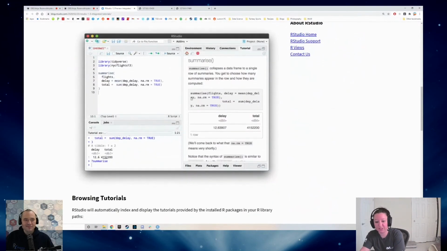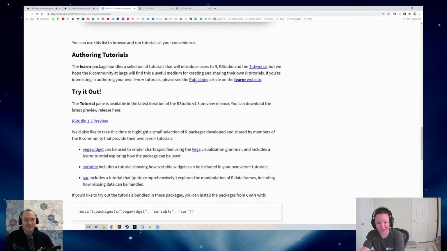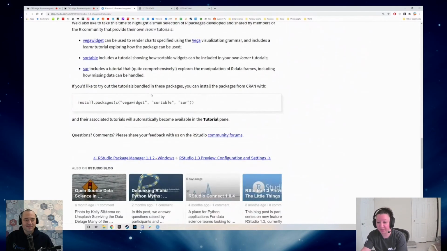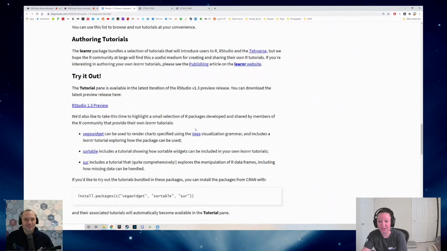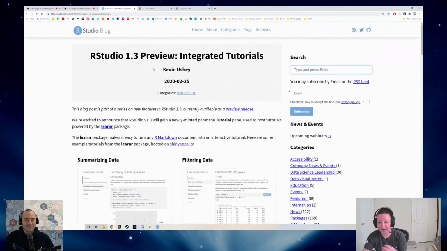So you download RStudio, and there is not a Shiny one yet, but I'm actually interested in potentially making one for the community. So keep an eye out for the RStudio IDE tutorials that are integrated right within RStudio itself. That's all I wanted to show there.